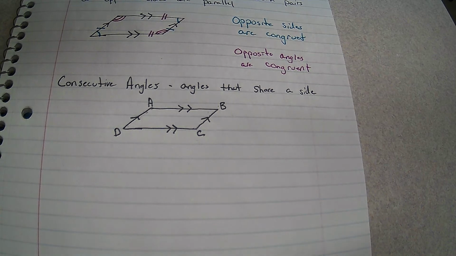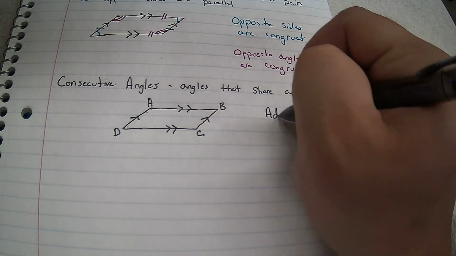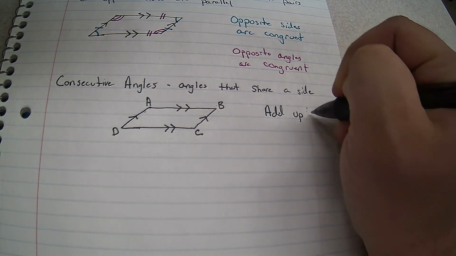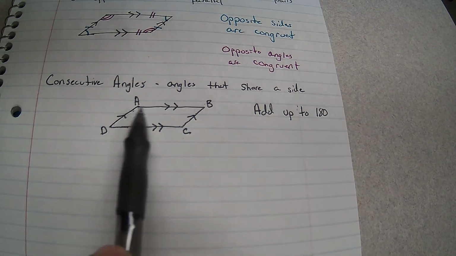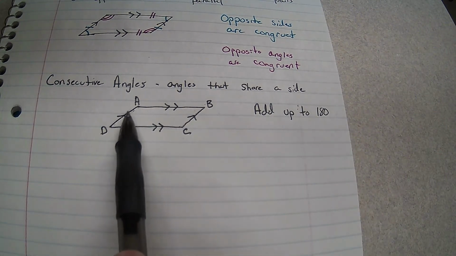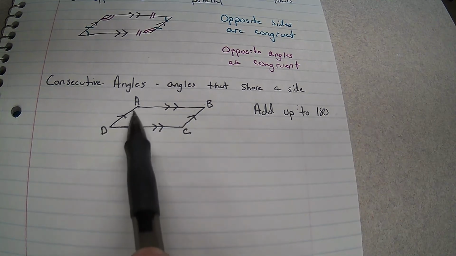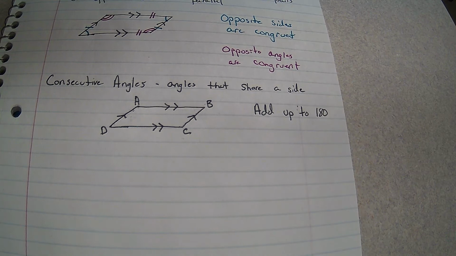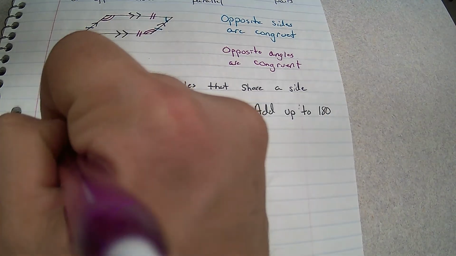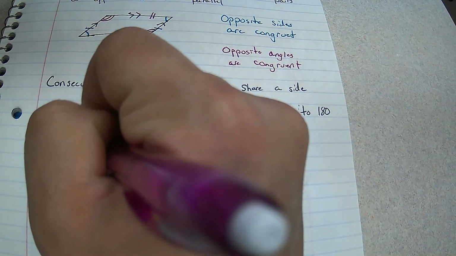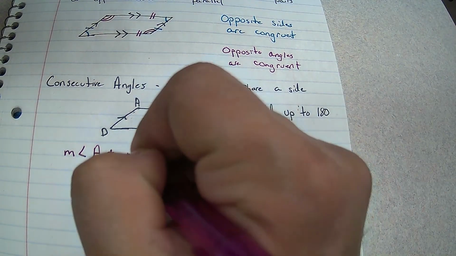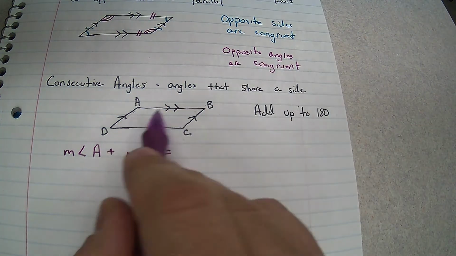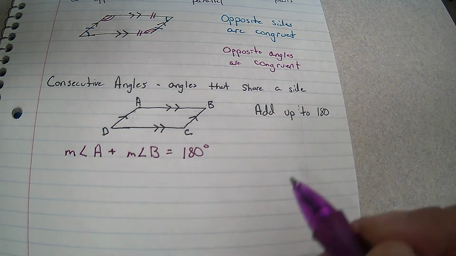Now, the consecutive angles are always going to add up to 180 degrees. It looks like parallel lines cut by a transversal. These would be same side interior angles, and so they add up to 180. So our angle relationships are: the measure of angle A plus the measure of angle B adds up to 180 degrees.